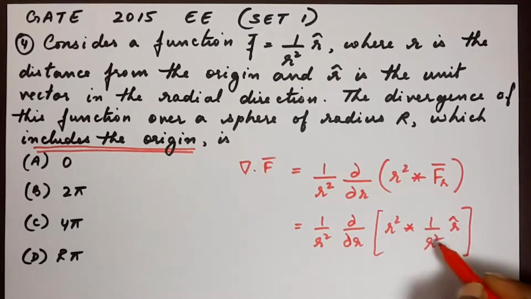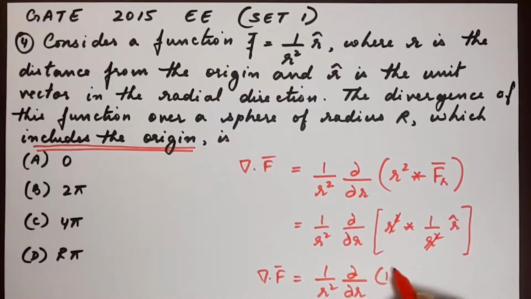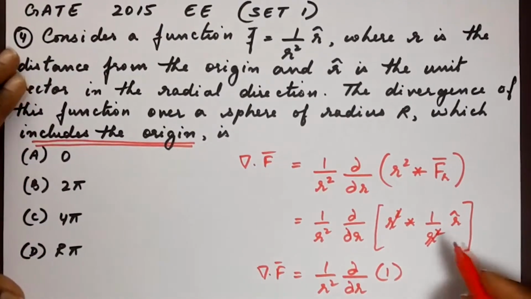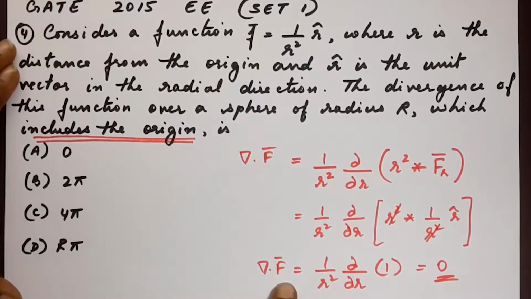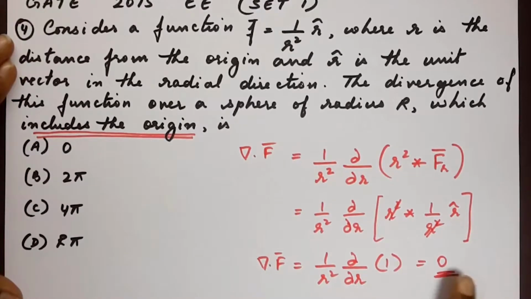Here we see that r square and r square cancel out and we are left with just 1. Delta F equals 1 by r square dou by dou r of 1. And we know that the differentiation of a constant is 0. So delta dot F bar is equal to 0. So that means that the divergence of the function is 0.